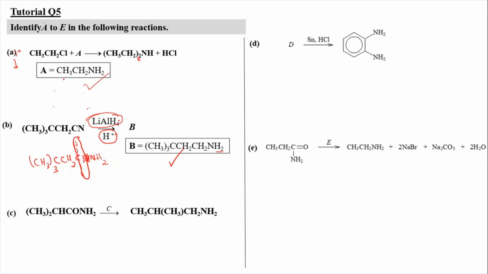Okay, and for the reaction of C, you are given CH3CH3CH3, and then CH, C double bond O, and NH2. And what you're going to produce here is a primary amine.